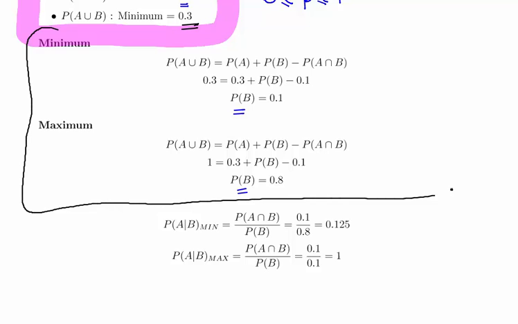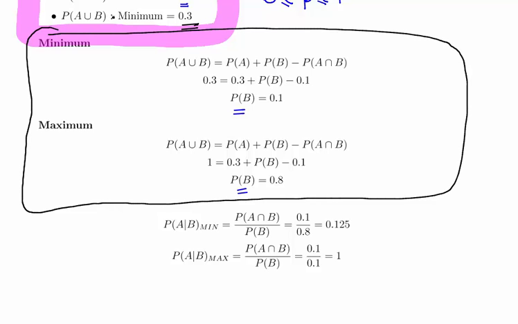Now what we're going to do is see how this relates to the probability of B, and we'll use the addition rule. The probability of A union B is equal to the probability of A plus the probability of B minus the probability of A intersection B. Now, in both cases, the probability of A intersection B is 0.1, and likewise 0.3 for the probability of A. So the minimum possible value for A union B is 0.3, and the maximum possible value is 1.